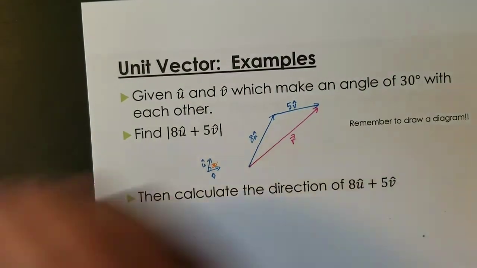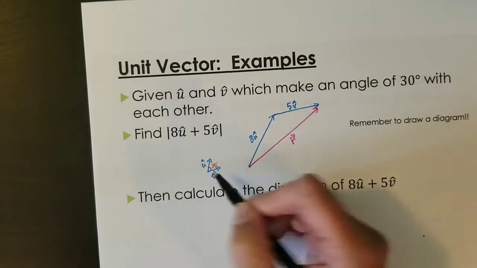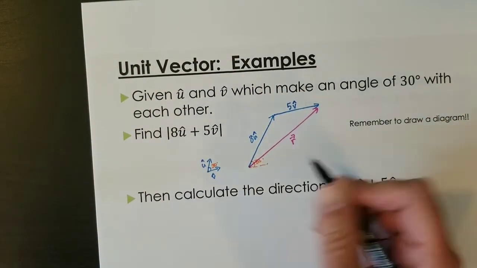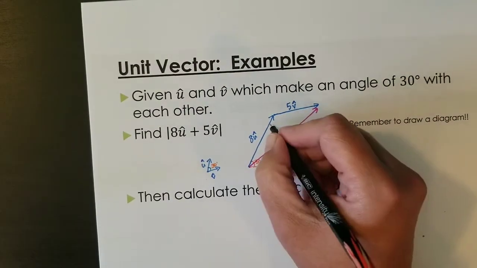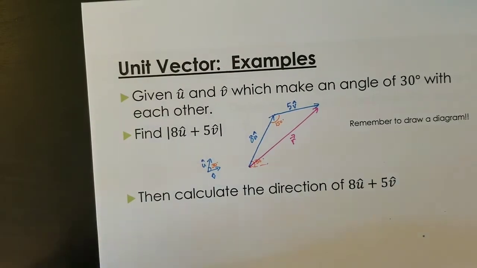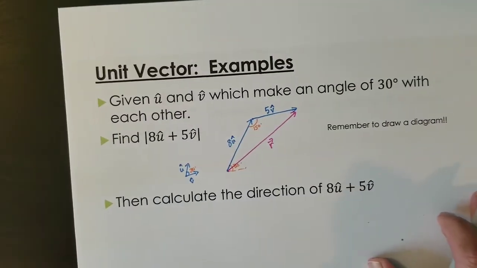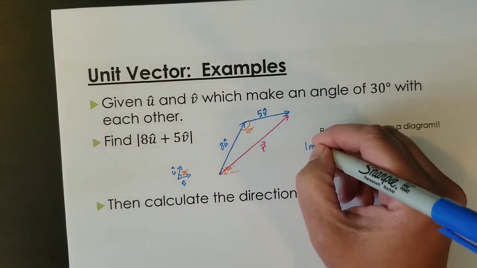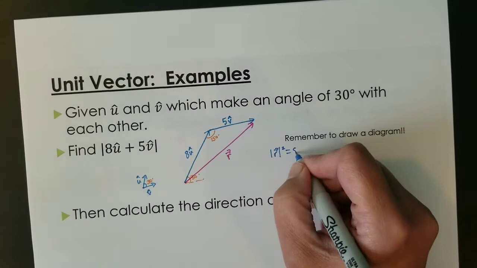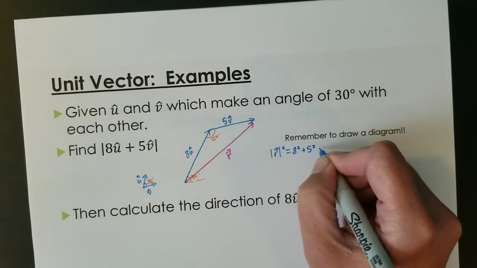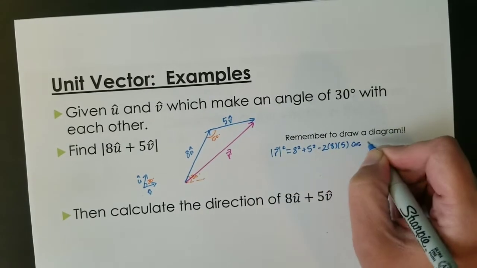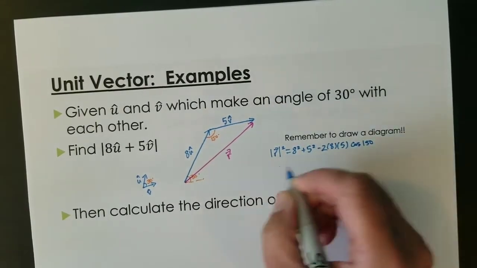So I know that this original angle in here is 30. And then we're going to form a C pattern that will give me an angle of 150 up top. So we're going to use the cosine law. The magnitude of the resultant squared is 8 squared plus 5 squared minus 2 times 8 times 5 times cos of 150.